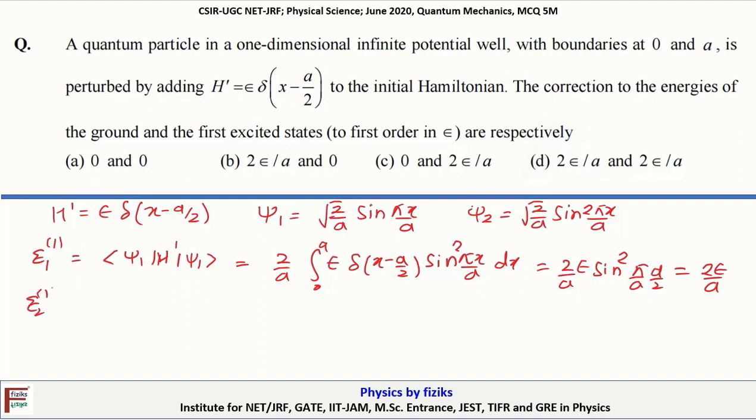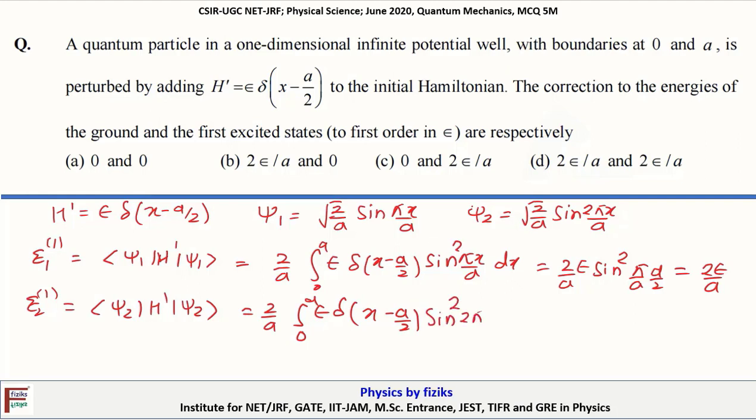Similarly, E2 first order would give us <psi 2|H'|psi 2>, which is 2 by a integral from 0 to a of epsilon delta(x minus a by 2) sin square(2 pi x by a) dx.